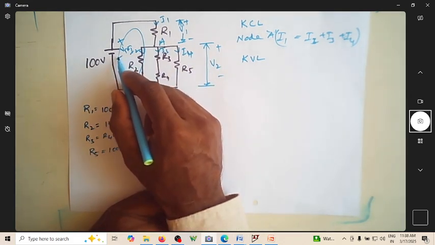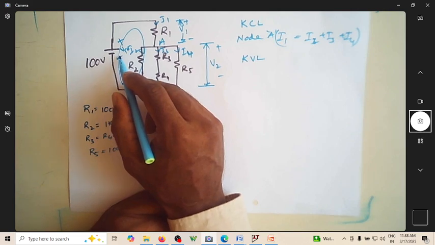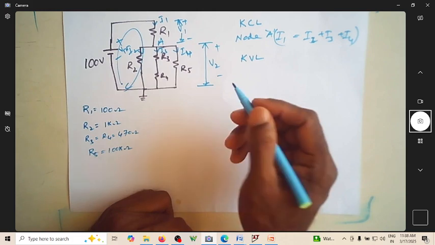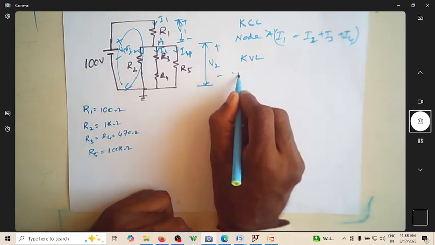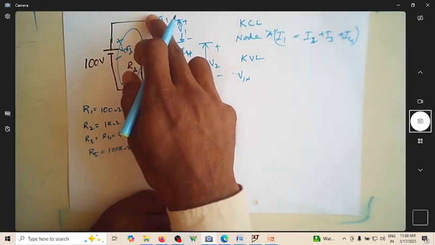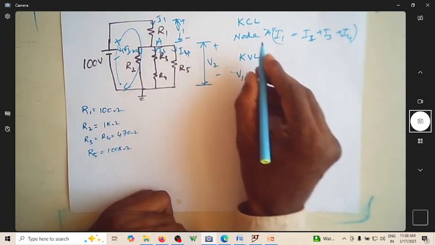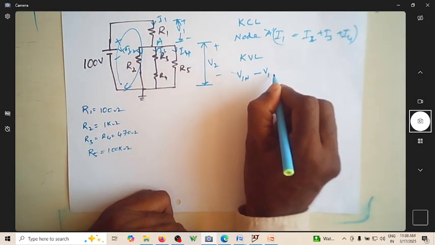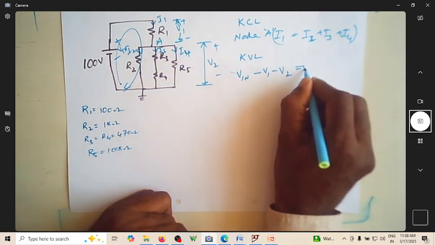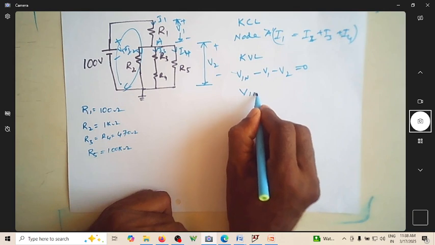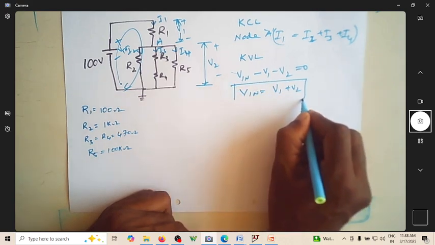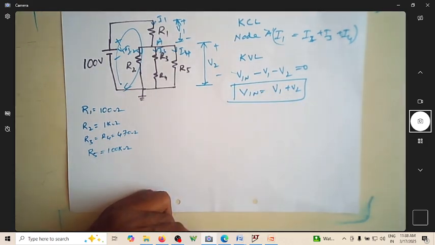If you consider the voltage rise as positive, V in is positive because it is a voltage rise, and you have a voltage drop, which I can write as minus V1, and another voltage drop, minus V2, equal to 0. Or you can write V in is equal to V1 plus V2. So this is your Kirchhoff voltage law.